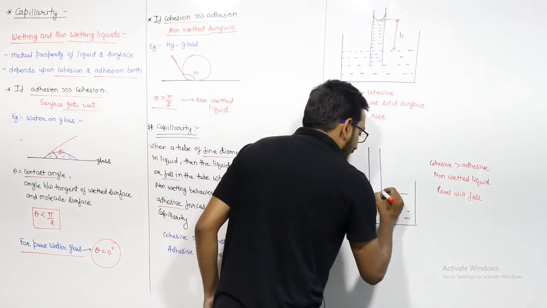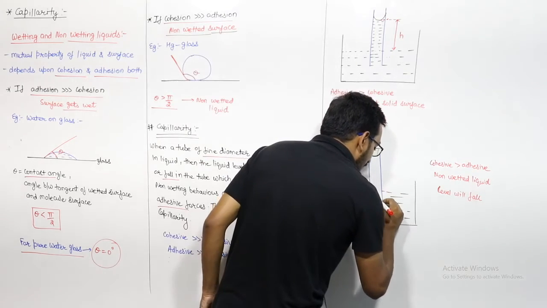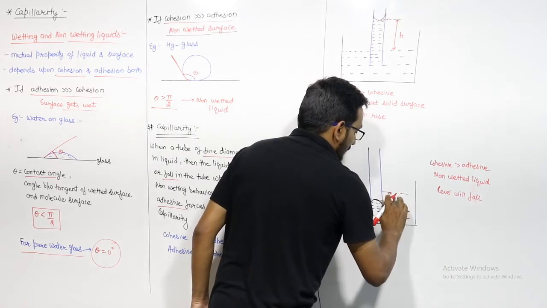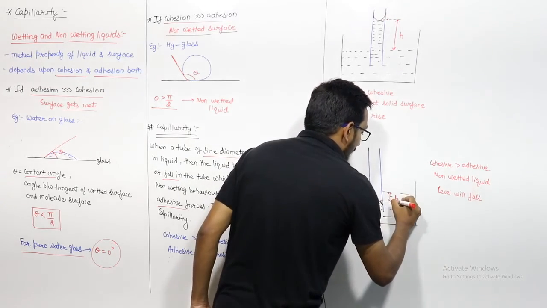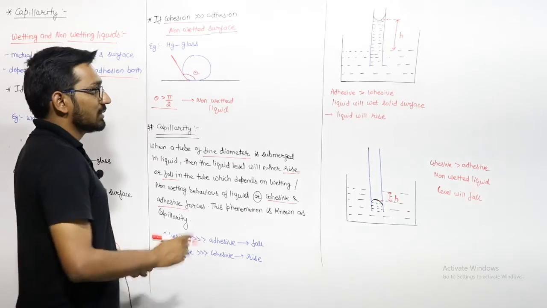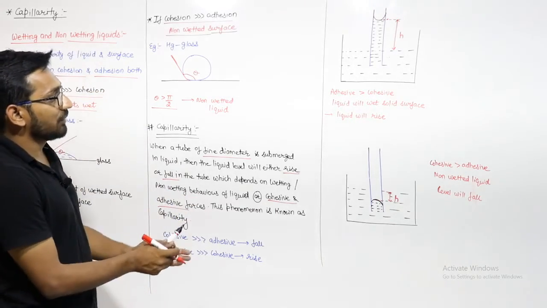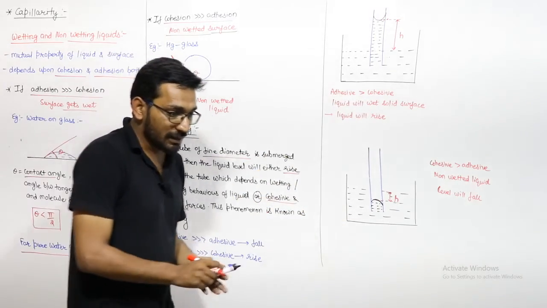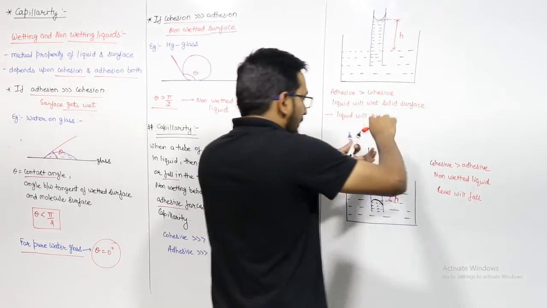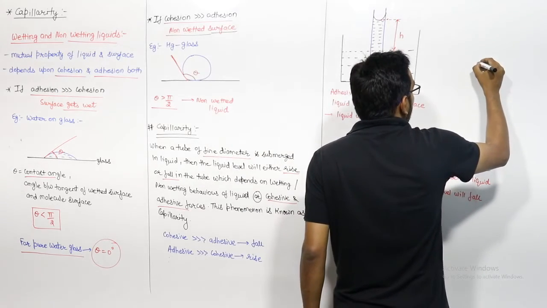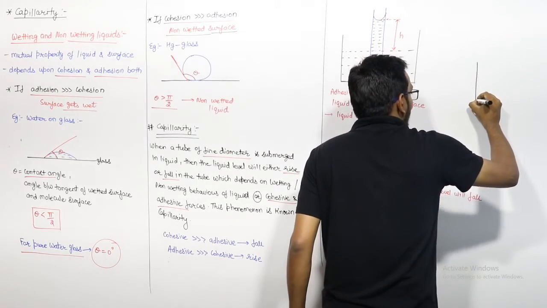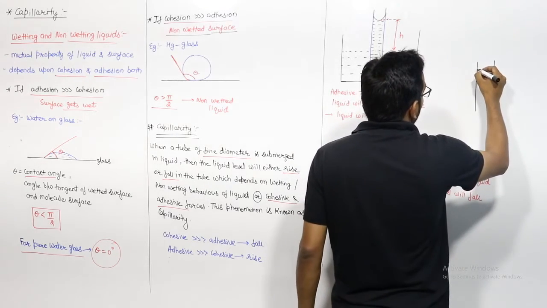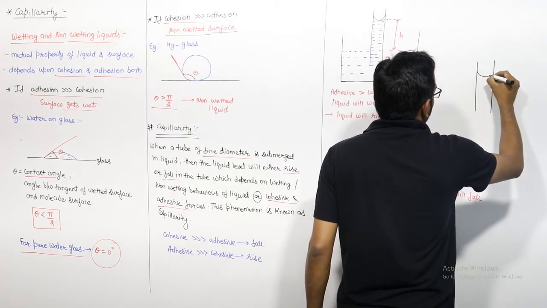This height by which the level will fall is known as capillarity fall or capillarity depression, which we have to calculate later on. So this is your capillarity fall, and this is the capillarity rise. If I show the angle for the capillary rise, for your better understanding, it will take this shape.